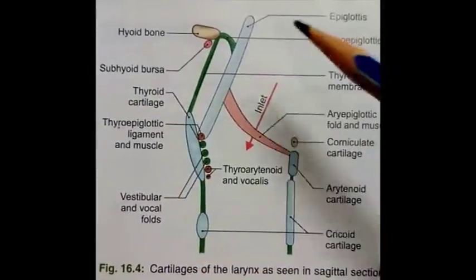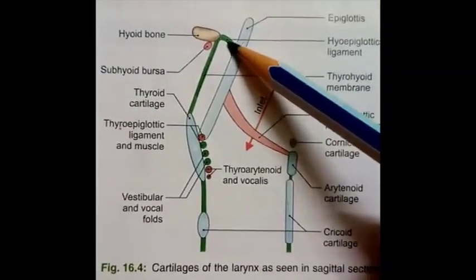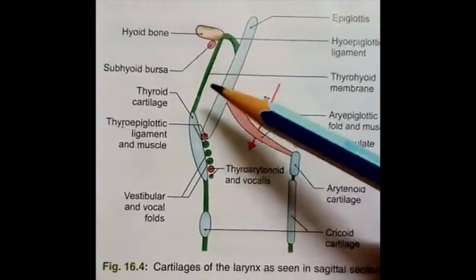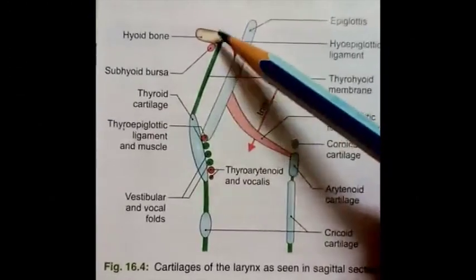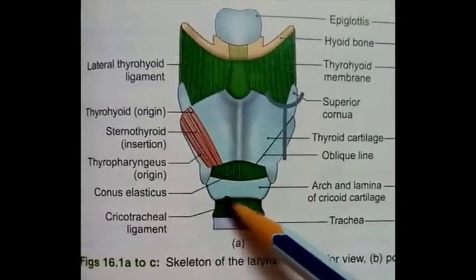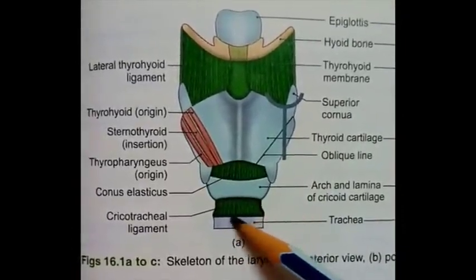Hyoepiglottic ligament connects the upper part of epiglottis to the hyoid bone. And in this diagram we can also see the thyroid membrane between thyroid cartilage and the hyoid bone. Cricotracheal ligament connects the lower border of cricoid cartilage to the upper end of the trachea.